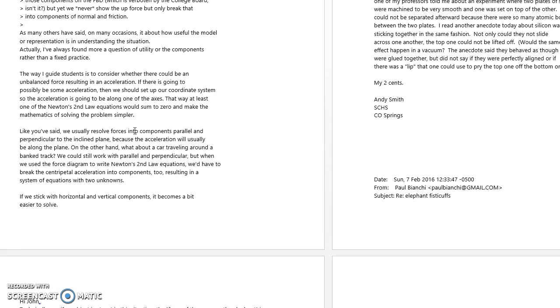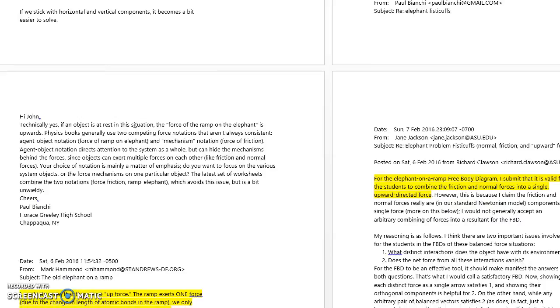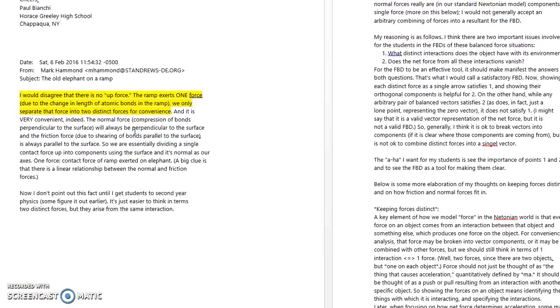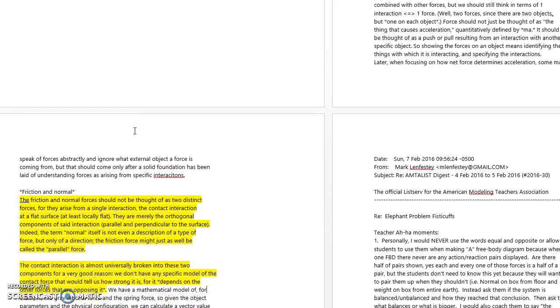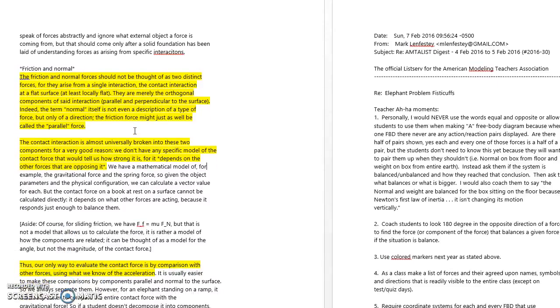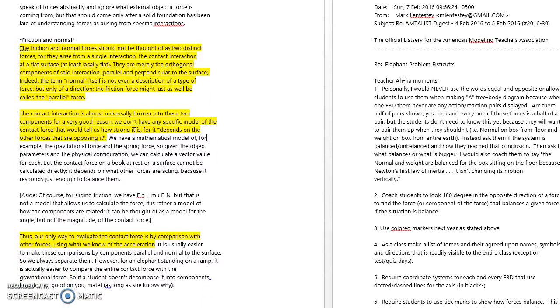And it really got me thinking, because I realized that this is actually quite a deep issue. I looked through the responses, and the response that I really liked was one where the author argued that the friction and normal forces should not be thought of as distinct forces because they are a single interaction.